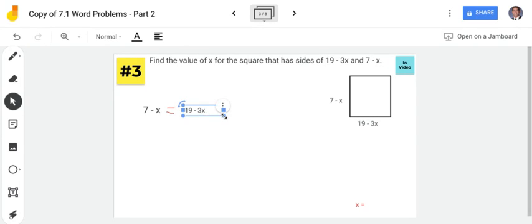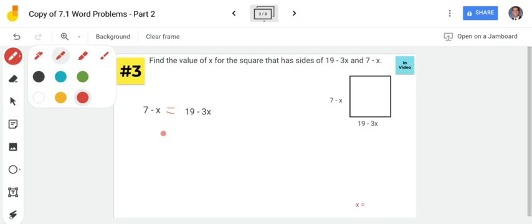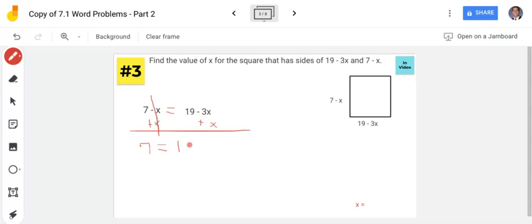Then I can solve from here. I could make it a little bigger if I wanted to. So step 1, are there parentheses? No. Step 2, combine like terms. I don't have any. Step 3, get the variable on one side. So let me add x to both sides. I'm going to get the variable on the right side. Those would cancel. And on the left side, I have 7 equals 19. What's negative 3x plus x?